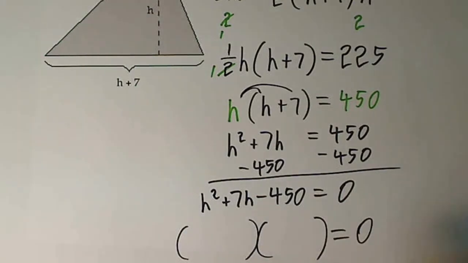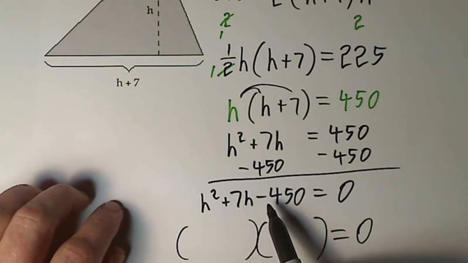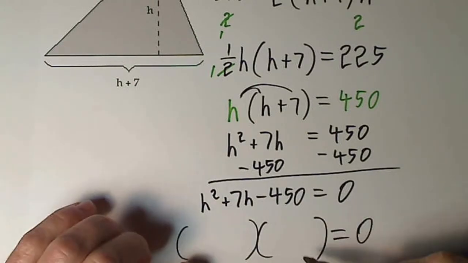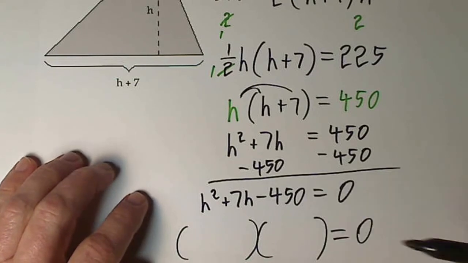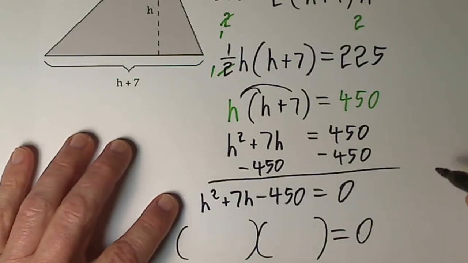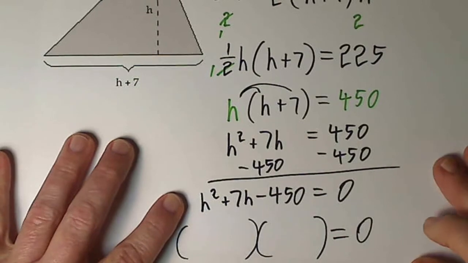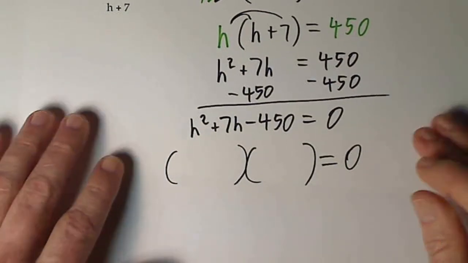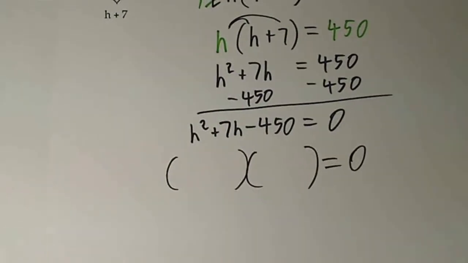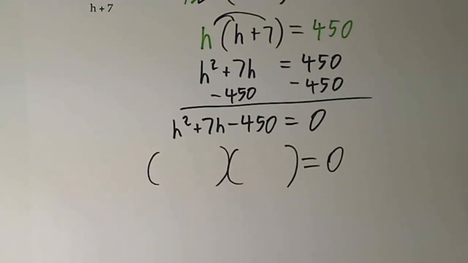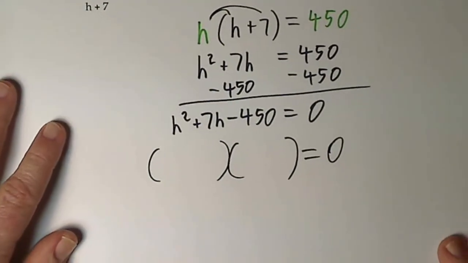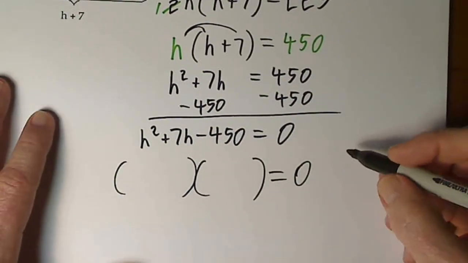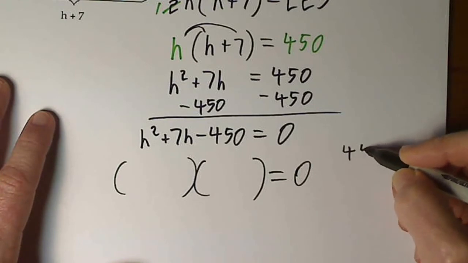We want a product of negative 450 and a difference of positive 7. Alright, I'm going to try to use a shortcut because that's rather large. Slide this up yet again. Alright, so 450.